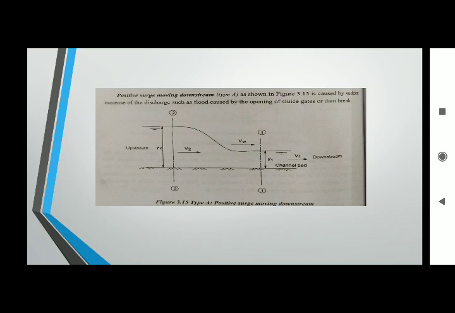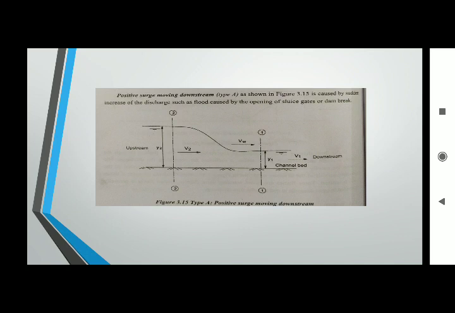So an increase in depth towards the water flowing direction is called positive surge. It happens when the sluice gate is suddenly opened. At that time, riverside depth increases, but on the upstream side or dam side, depth decreases.